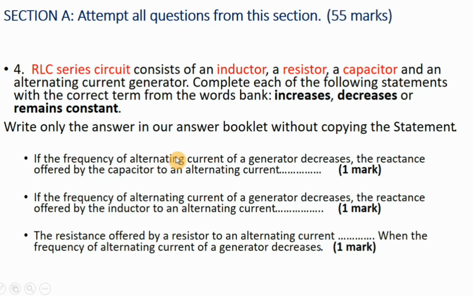Remember, for the first question we were dealing with frequency and reactance through a capacitor. Here also we are going to deal with the frequency and reactance through an inductor. So we are going to see the relationship between the reactance in an inductor and the frequency. Let us see the relationship.